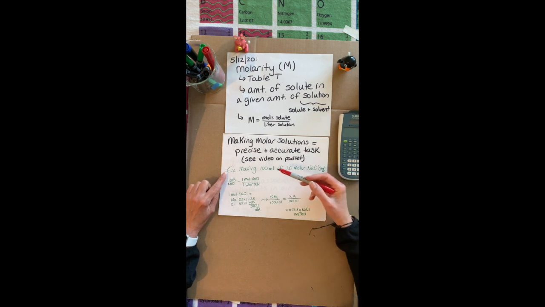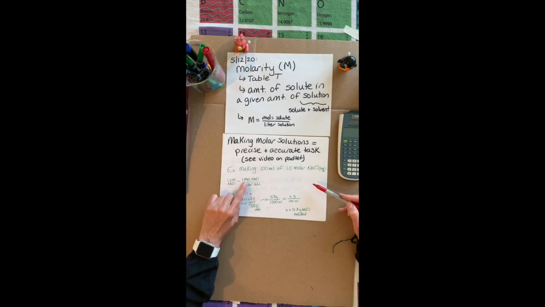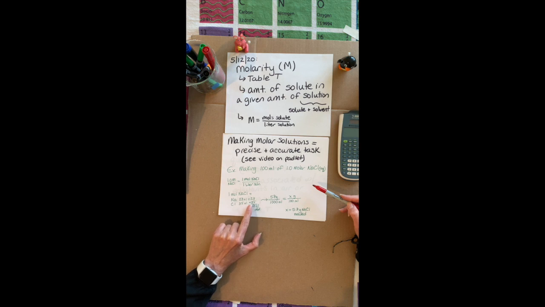So in the video, they want to make 100 milliliters of a 1 molar sodium chloride solution. By definition, a 1 molar solution has 1 mole of sodium chloride per 1 liter. And we know what 1 mole of sodium chloride's mass is. 23 plus 35 gives us 58 grams per mole.